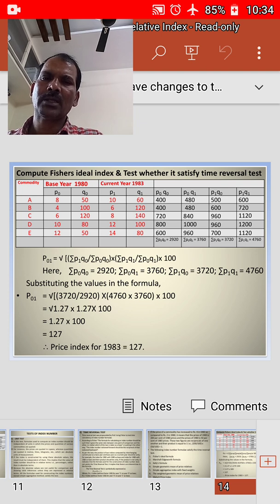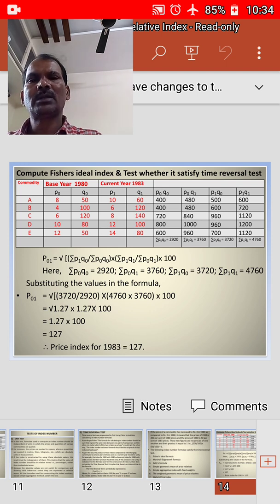That is, base year prices are indicated with P0, Q0, and current year prices, that is 1983 prices, are P1, and quantities are Q1. Right. Base year prices are 8, 4, 6, 10, 12, and base year quantities are 50, 100, 120, 80, 50. Current year prices are 10, 6, 8, 12, 14. Current year quantities are 60, 120, 140, 100, 80.